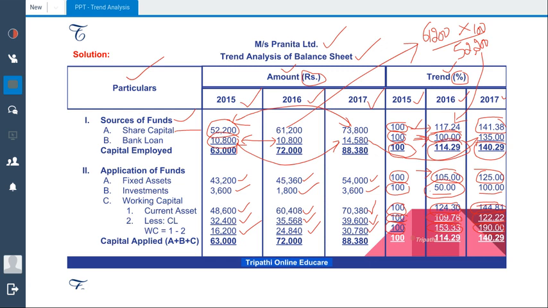More and more amount is blocked in the working capital. So if you keep on increasing the working capital, the more amount of money will be blocked into it, right? Next, capital applied. First year 63,000, 72,000, and 88,380.